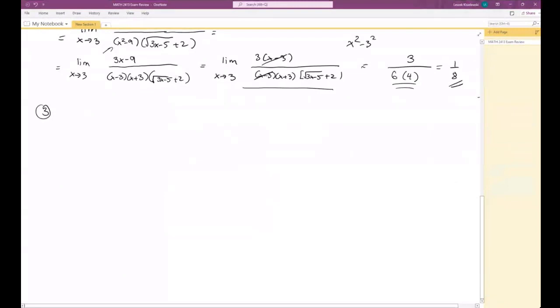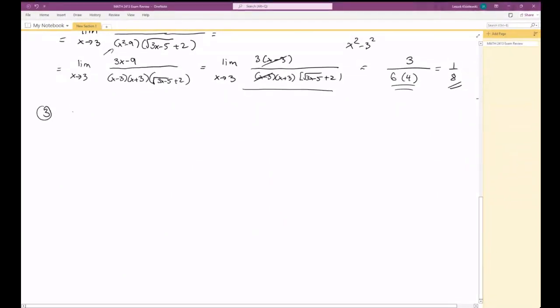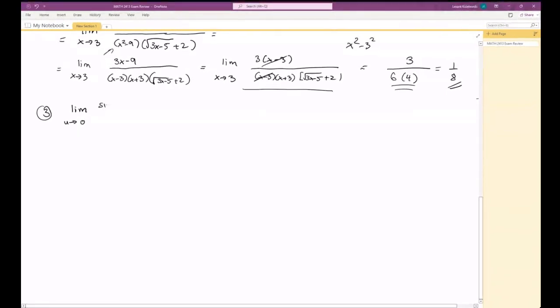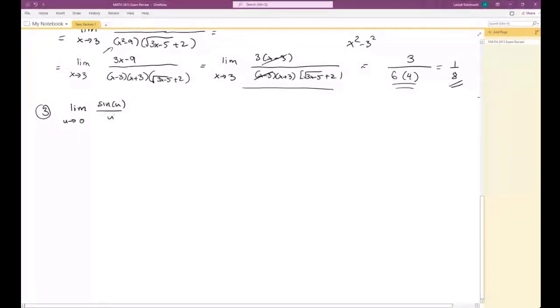All right. So do we recall what this limit is? Something goes to 0 here, and we have sine of that thing divided by that thing, right? That's equal to 1. That's one of our special trig limits.